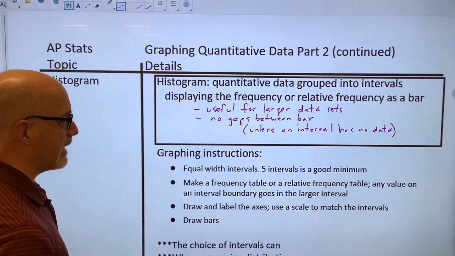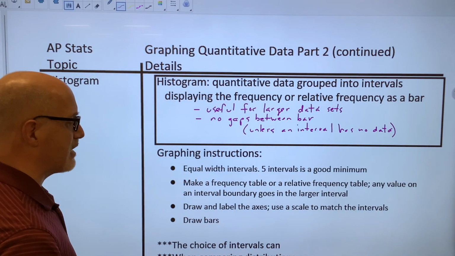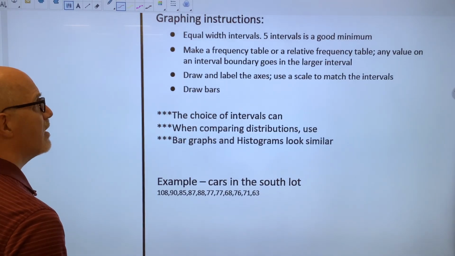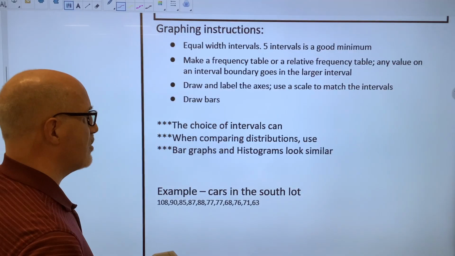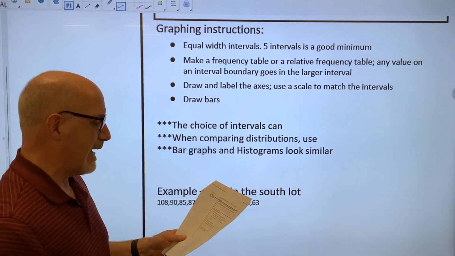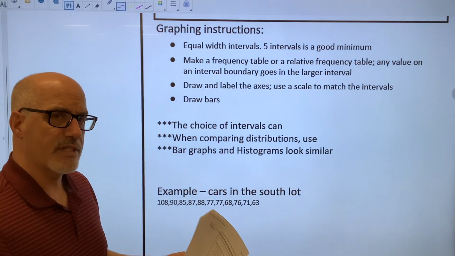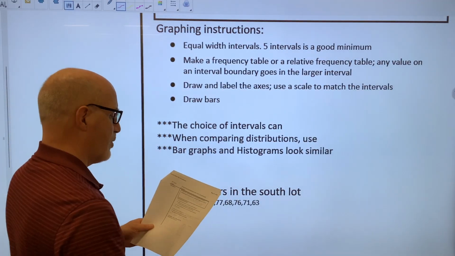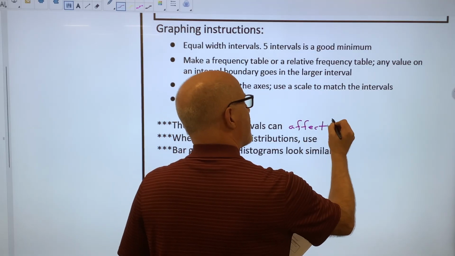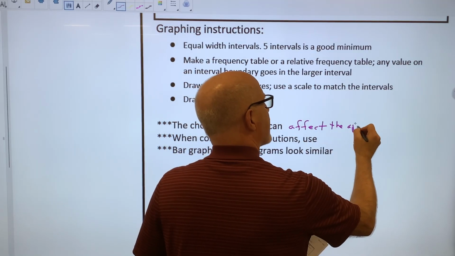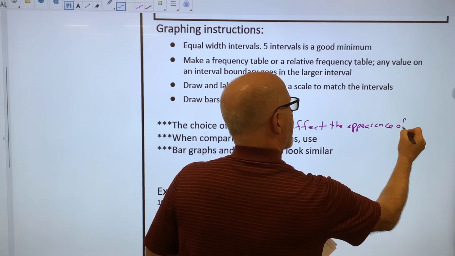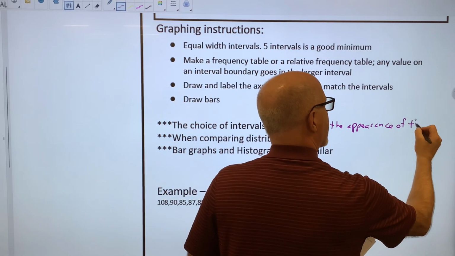Okay, draw and label the axes, use a scale to match the intervals, and draw the bars. All right, so a couple details that you should know of. The choice of intervals, how many intervals you choose, can influence how you see the distribution, so it can affect the appearance of the distribution.